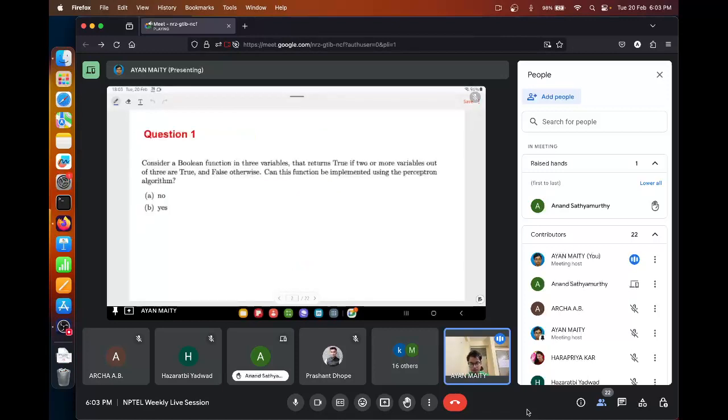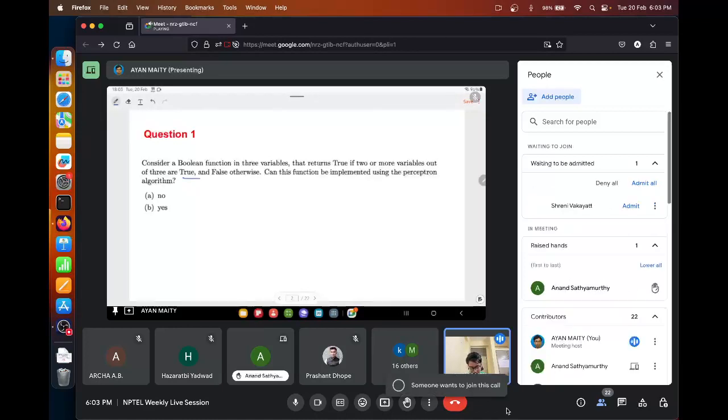So this is the first question. Consider a Boolean function in 3 variables that returns true if 2 or more variables out of 3 are true and false otherwise. Can this function be implemented using perceptron learning algorithm?